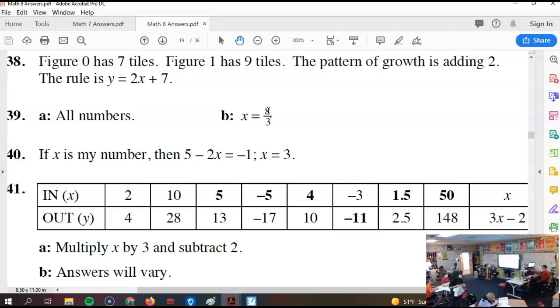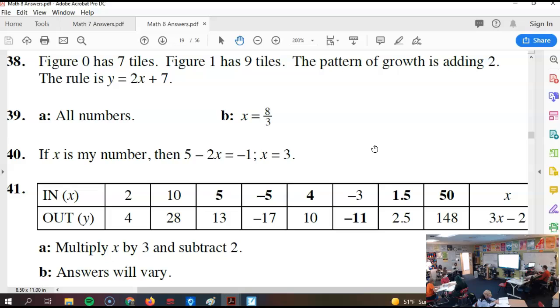It's not better versus worse, it's just personal preference. 8/3 is less work, because I can just stop right there. Now, if they say turn it back into a mixed number or make it a decimal, that's different. But all they say is solve for x and check your solution. They don't even say simplify, so we don't care what form we leave our number in.